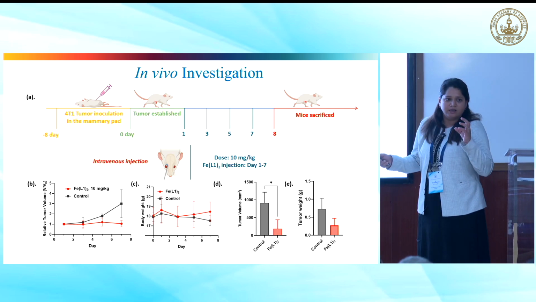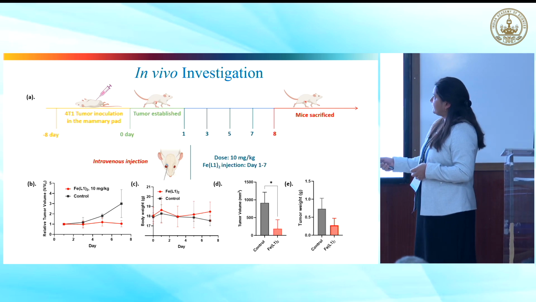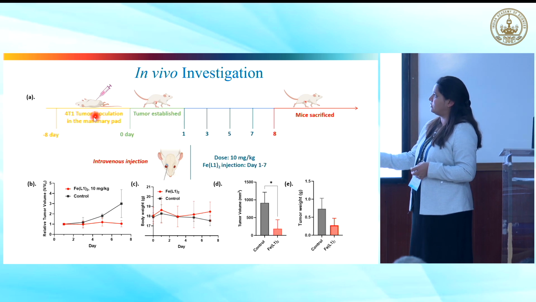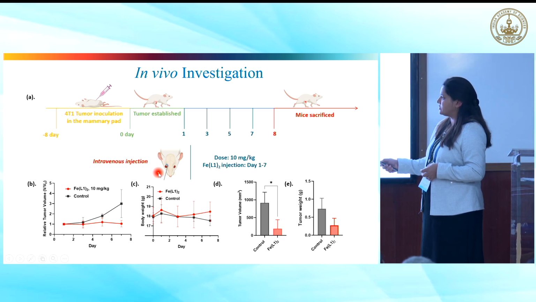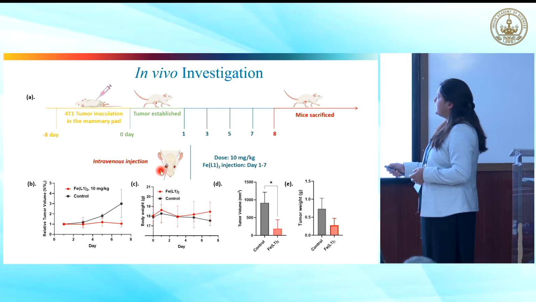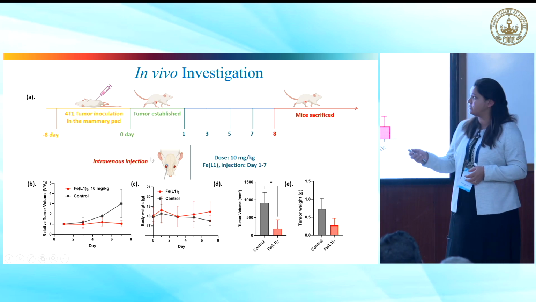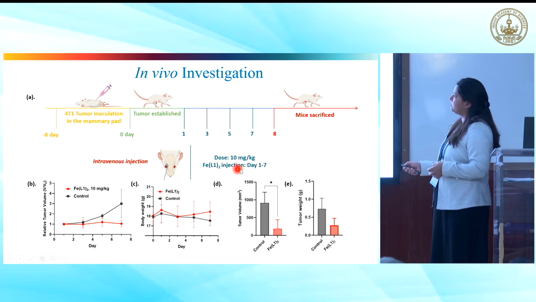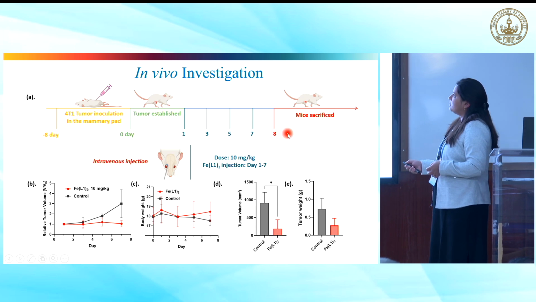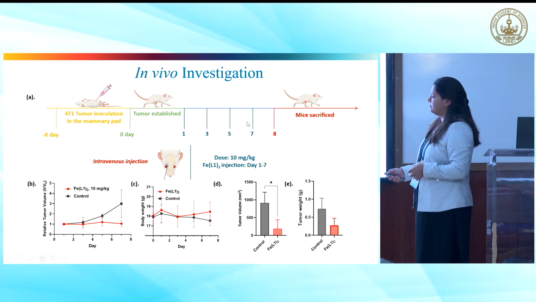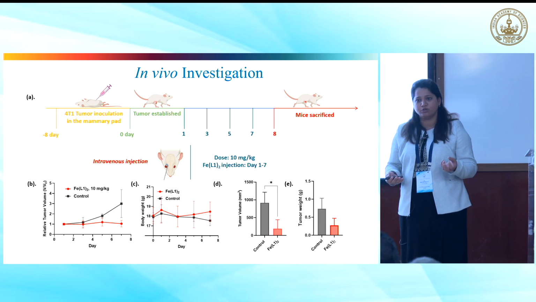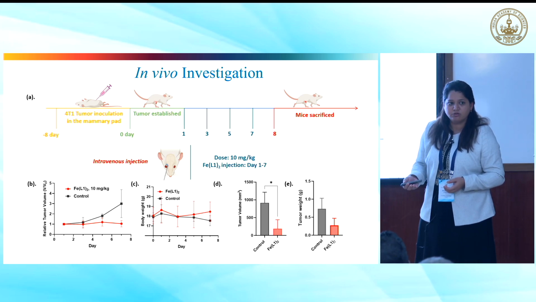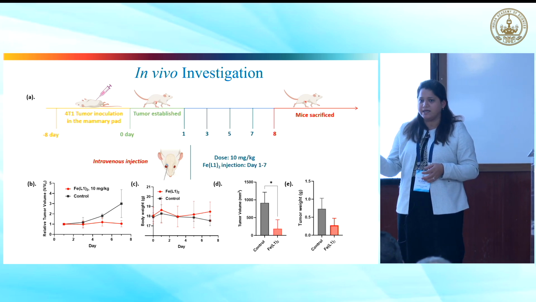Here we inoculate the tumor into the mice, and once the tumor is established, we do the intravenous injection of our compounds. After the intravenous injection, we give several doses of 10 milligrams from day 1 to day 7, and on the 8th day. During this time period, we follow up on the tumor size, the tumor volume, the weight, and whether there is any side effect on the mice.